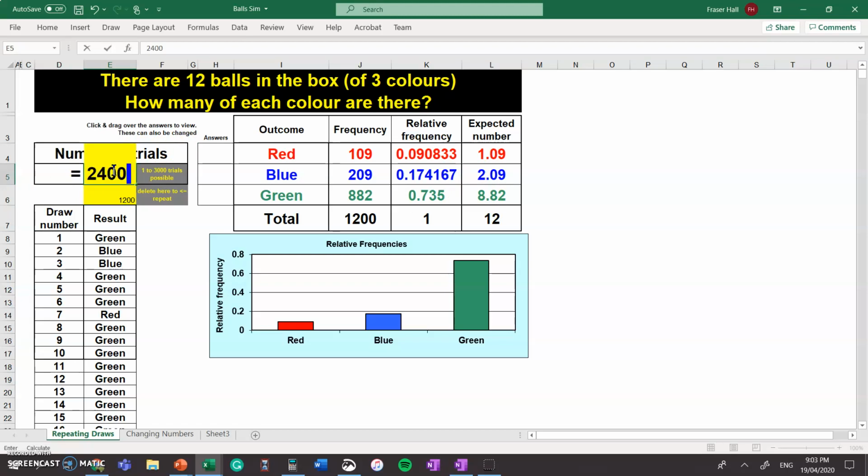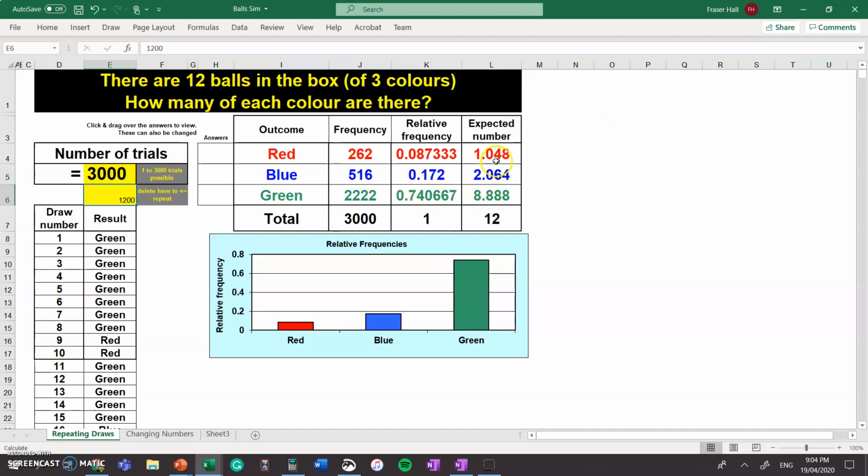If I change it to 2,400, you can see again it's now settled on that 1, 2, and 9. And 3,000. So if I did the 3,000 trials of just simply taking a ball out of the box and putting it back in, we end up with these numbers.